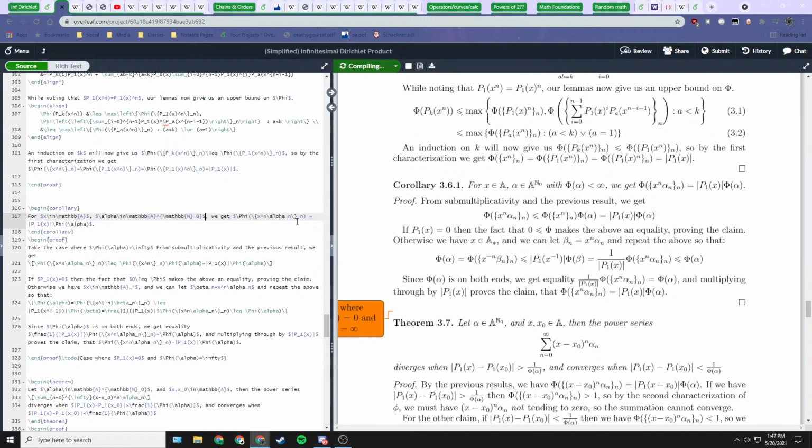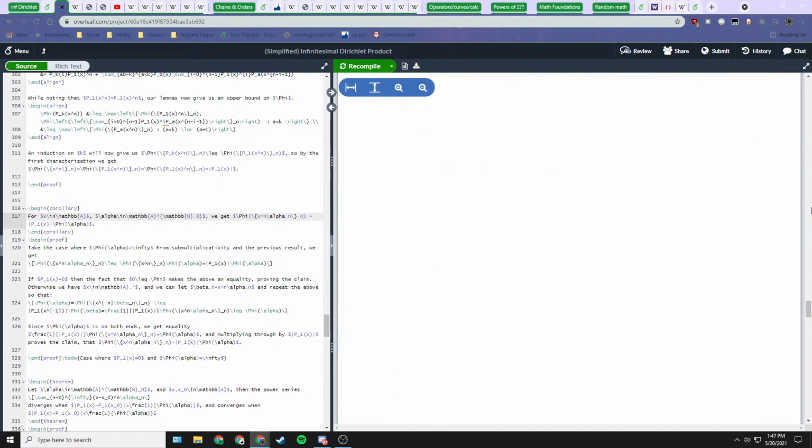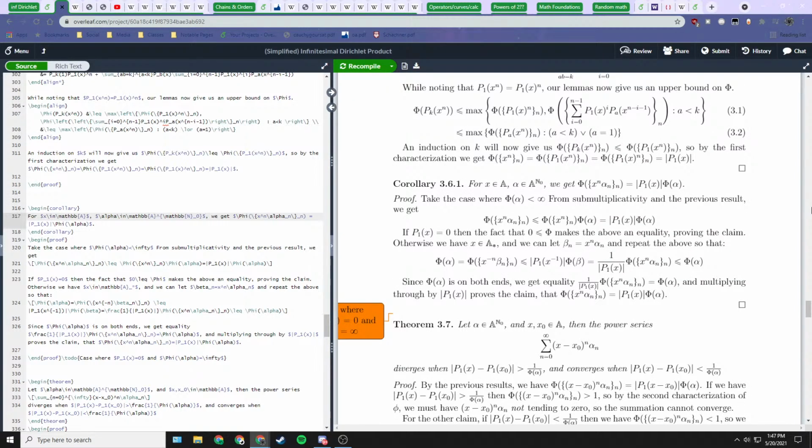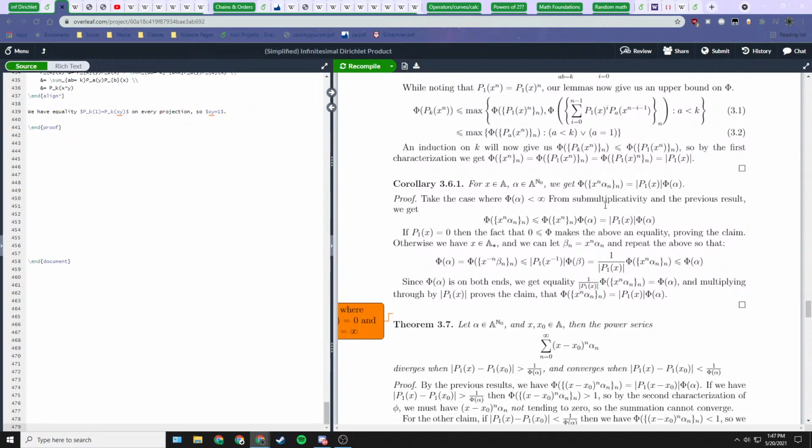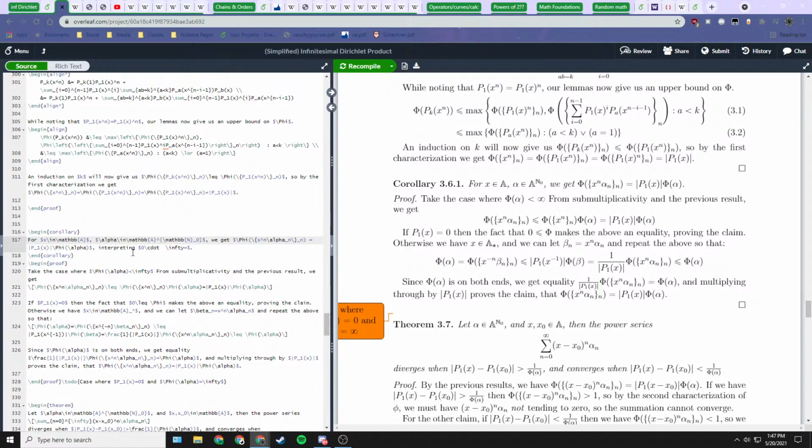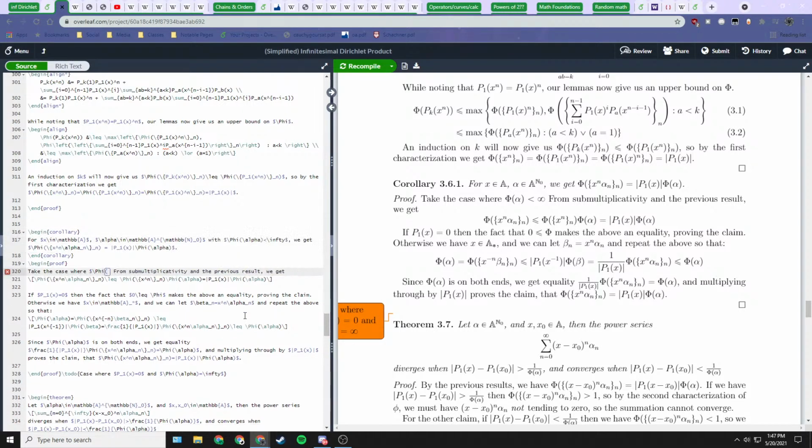We'll also have to add sort of a stipulation here, interpreting 0. Okay. Maybe actually we'll just include it as a second claim. Actually, that'll maybe be better.